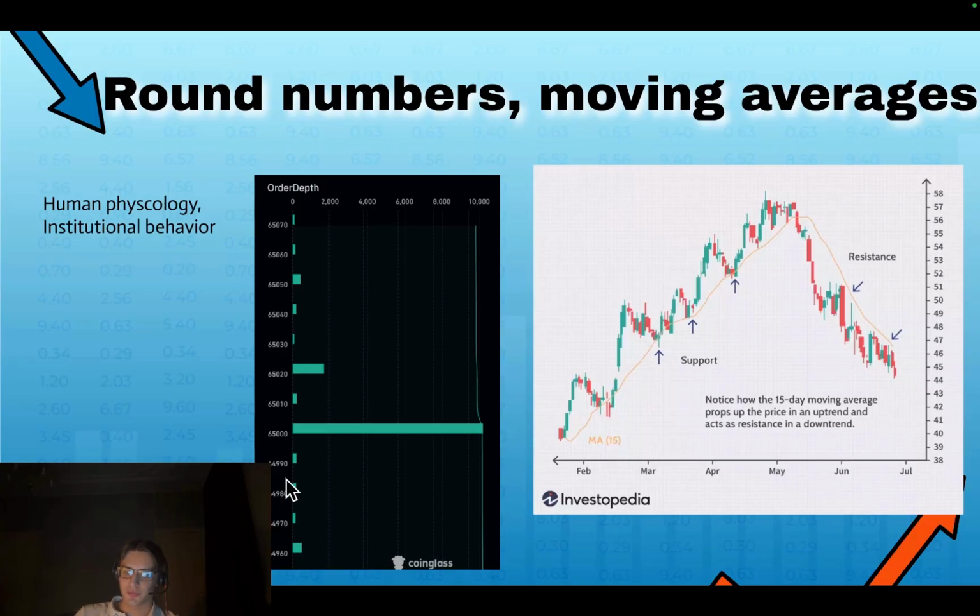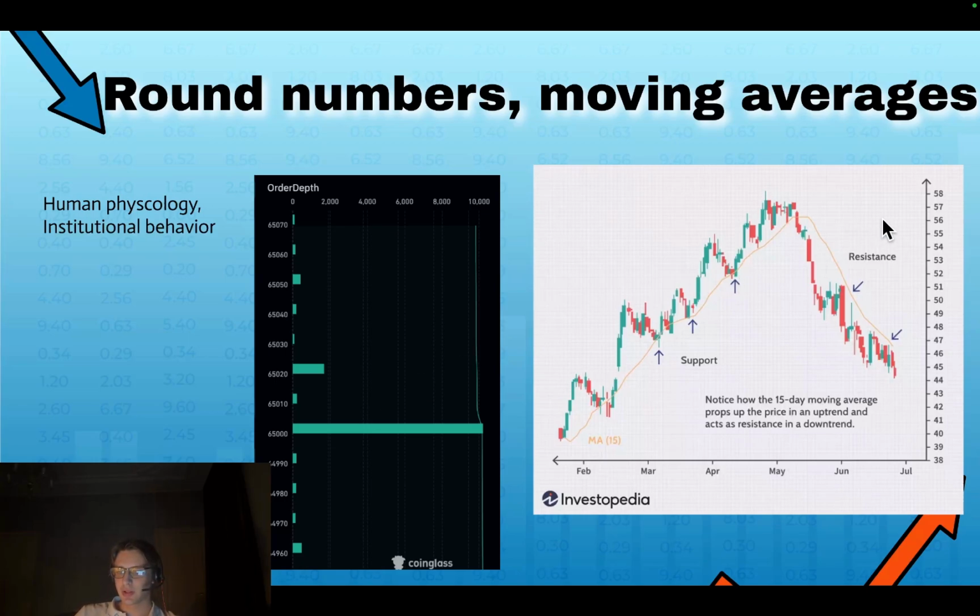Not for 64,990, not for 65,010, but for exactly 65,000. That's how human psychology works, and also that's institutional behavior. Many institutional traders tend to put orders on round numbers because it's easier for them, and that's how they work.